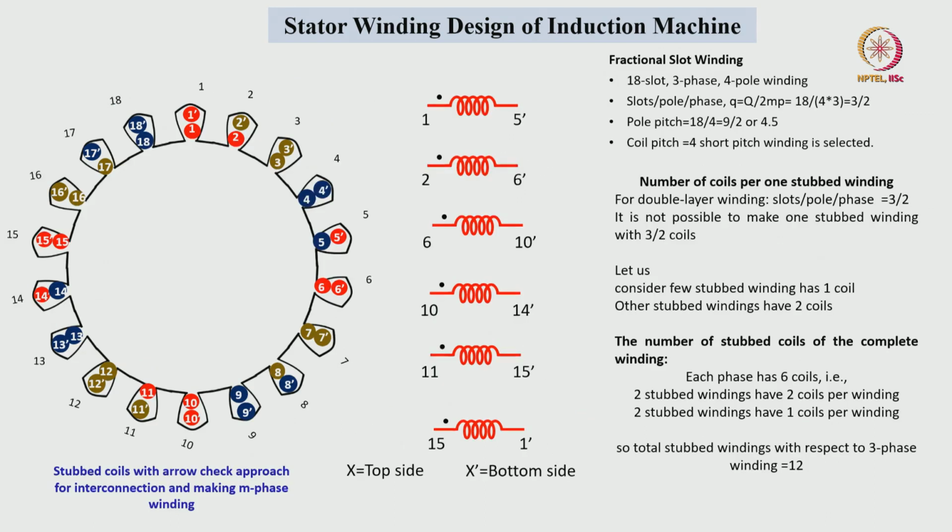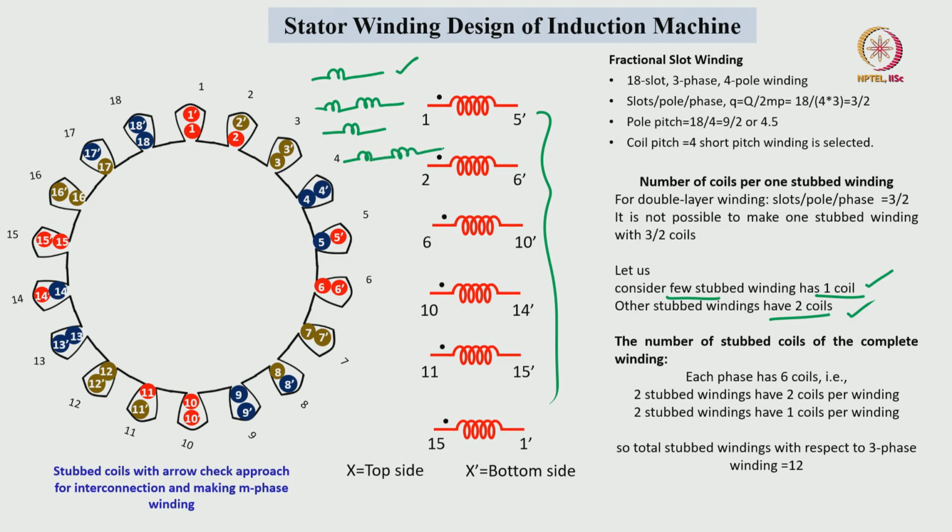So, for that reason we will make a few stubbed windings with one coil and a few stubbed windings with 2 coils. We have 6 coils per phase, right. So, these 6 coils we will represent as 4 sets: the first set will be one coil, the second set will be a combination of 2 coils, the third set also will be one coil, and the fourth set will be 2 coils, in this manner.